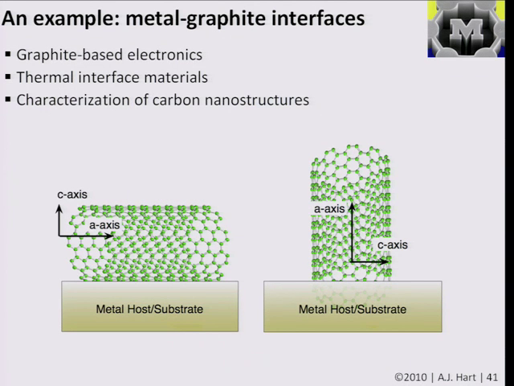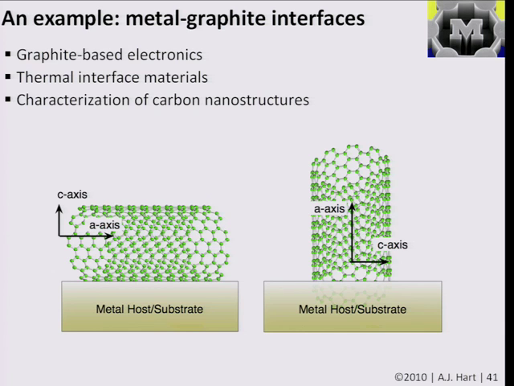And pretty much you always have it in contact with a metal because you need to make electrical contact or thermal contact to get your signal in and out. So the question is how much heat gets into the metal from the nanotube or vice versa. And you can imagine connecting it along the side, so if this is the c-axis, or along this plane.